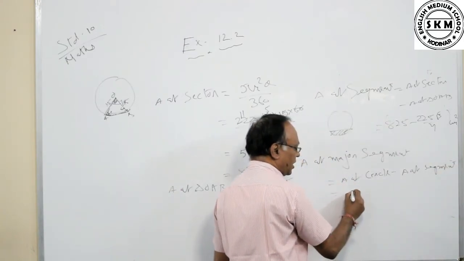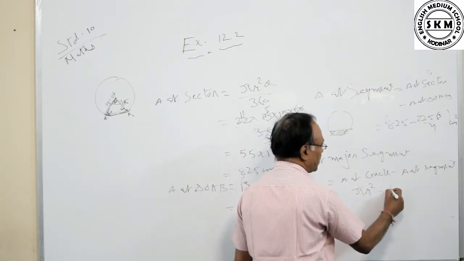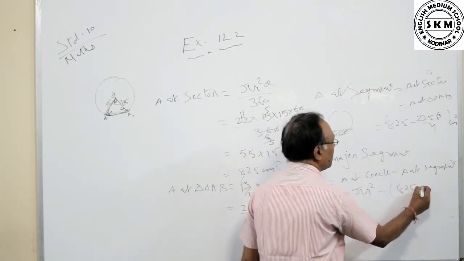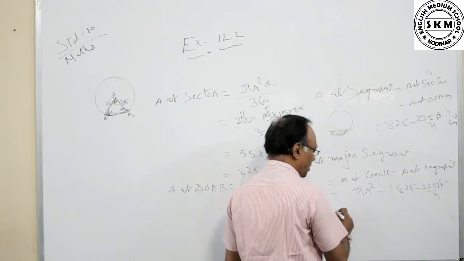So area of the circle, pi r square, minus 825 minus 225 root 3 upon 4.